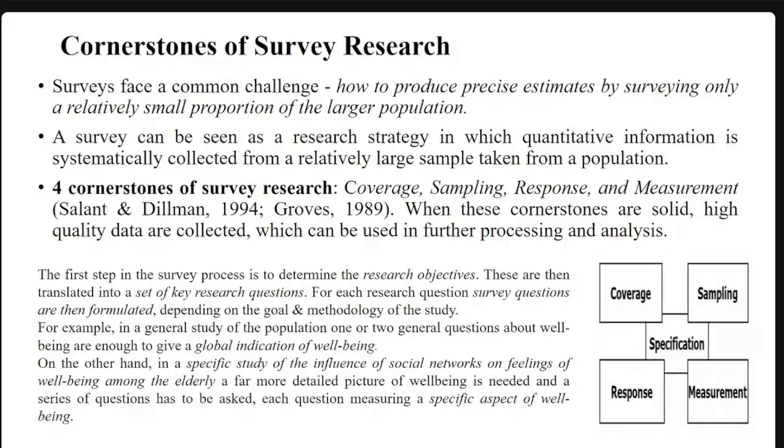If you don't do that, whatever you conclude will not be representative of the population. You are subject to certain biases. So you understand that coverage and sampling are very important in order to ensure the representativeness of the population in the sample.